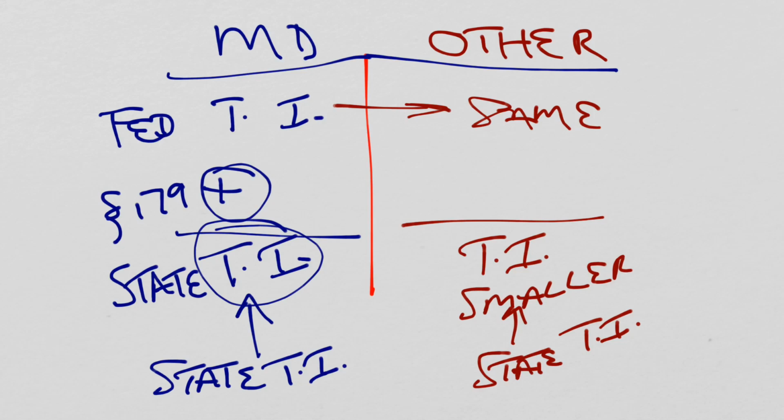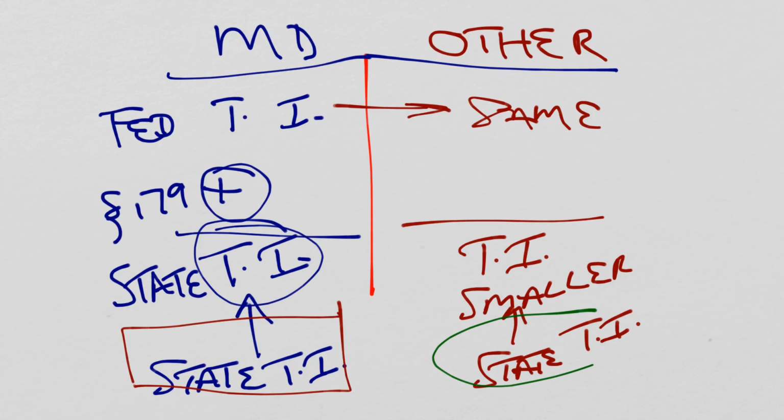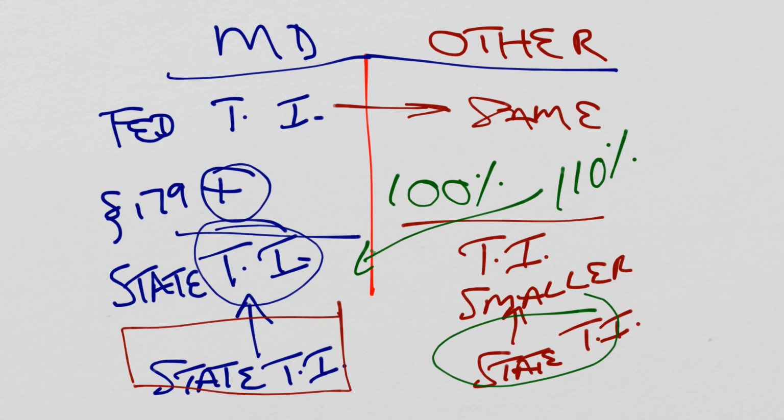So here, Maryland's going to tax more of the federal taxable income because they're doing an add back, yet this state over here is taxing a smaller amount, and the windup is you might not be taxing just between the two states 100% of the taxable income at the federal level. You might wind up taxing 110% because Maryland doesn't allow for this deduction.